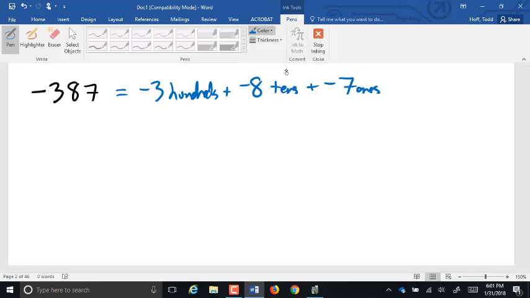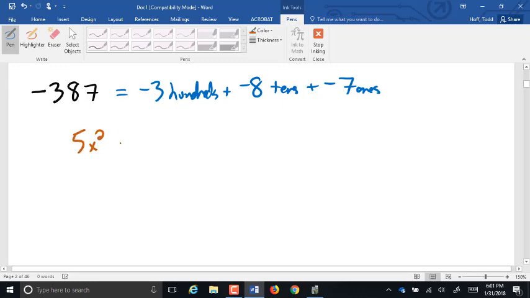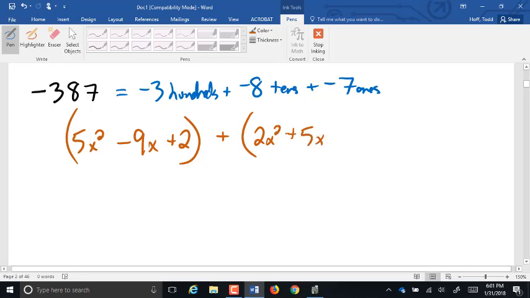With an algebraic number, it's possible for each digit to be positive or negative on its own. Every digit of the number does not have to be the same sign. So we might have 5x squared minus 9x plus 2, where you can see that second digit's negative, but the other ones are positive. And let's add that to 2x squared plus 5x minus 13.